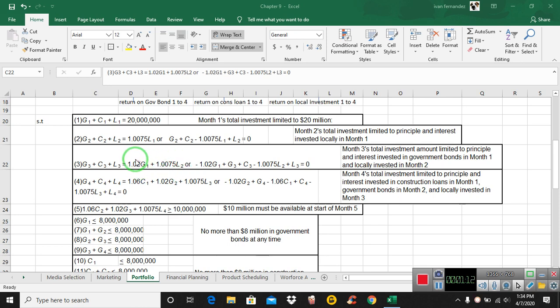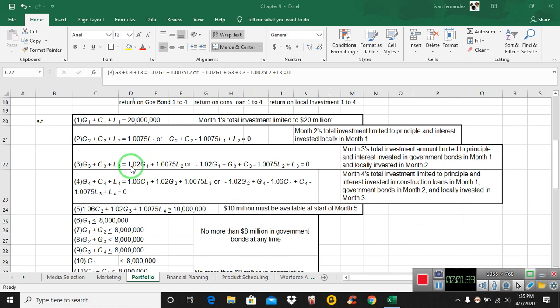Now, the government bonds, after 2 months, they mature, right? Because you buy them in the first month, you hold them for 2 months, and then they mature. When a bond matures, you get back the money that you invested in it, plus whatever the return is. That's a very, very simple way of looking at a bond, but it's kind of like that.